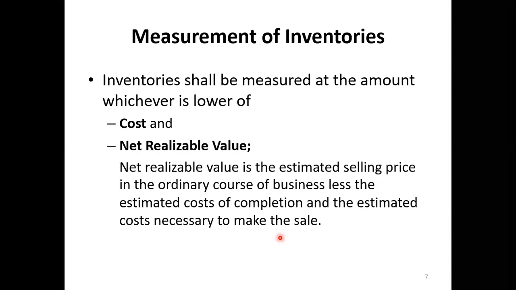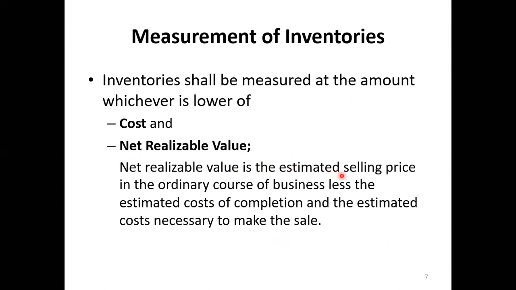So the market price of 20 is achievable only after you have spent 5 rupees. Now the net realizable value is how much? 20 minus 5 equals 15 rupees. So this is the net realizable value.